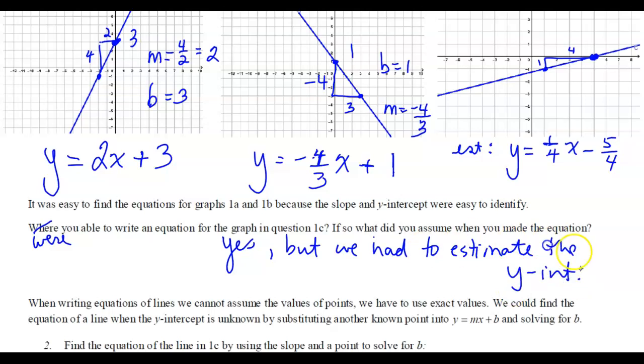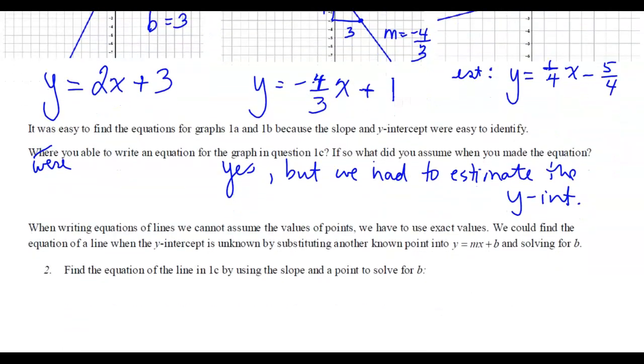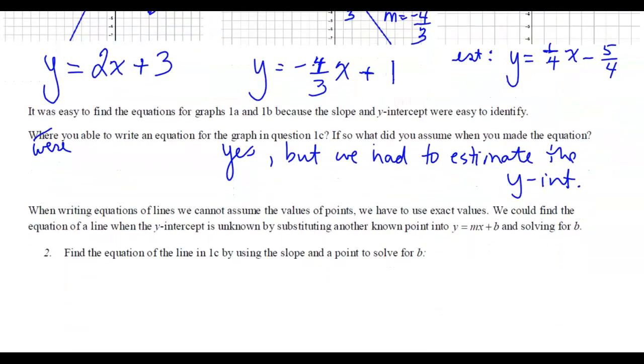So when writing equations of lines, we cannot assume the values of points. That's what we had to do. We have to use exact values. We could find the equation of a line when the y-intercept is unknown by substituting another point into y equals mx plus b and solving for b. So let's do it that way, okay?